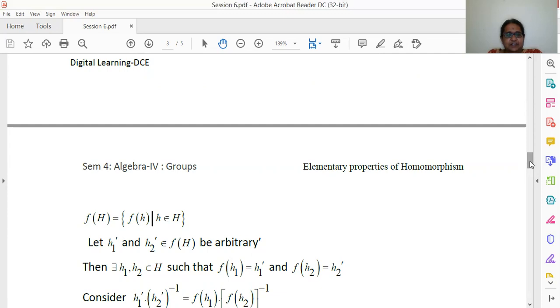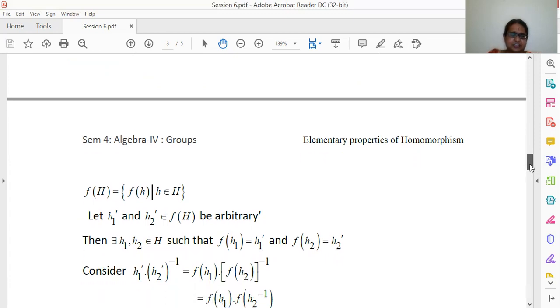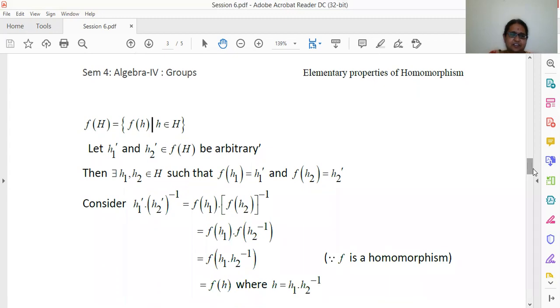Now consider h1' dot h2' inverse. We have f of h1 is h1', f of h2 is h2'. We substitute that and we get h1' dot h2' inverse as f of h1 dot f of h2 whole inverse. But by the first property, we have f of h2 whole inverse can be written as f of h2 inverse.